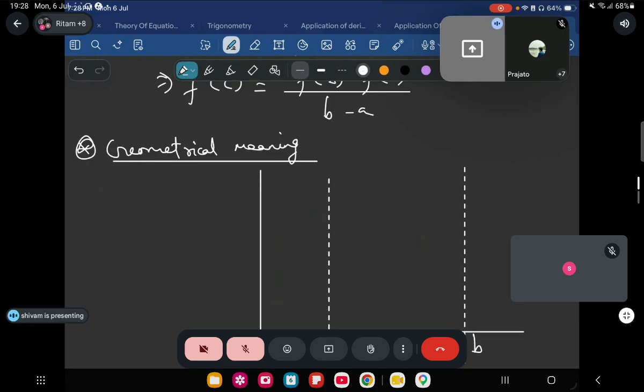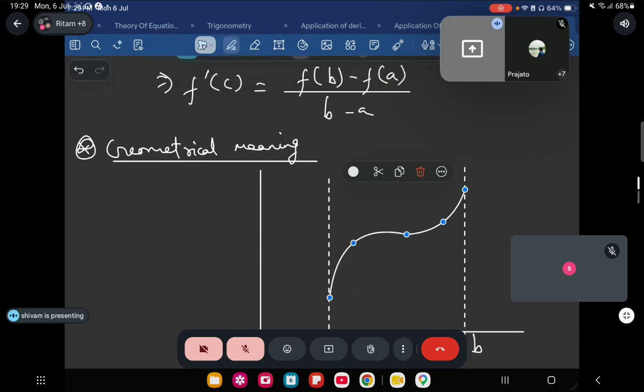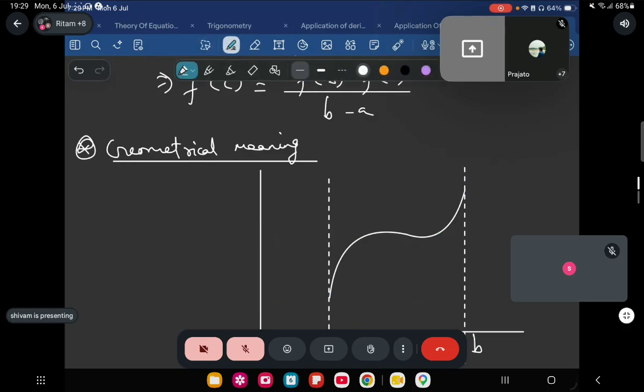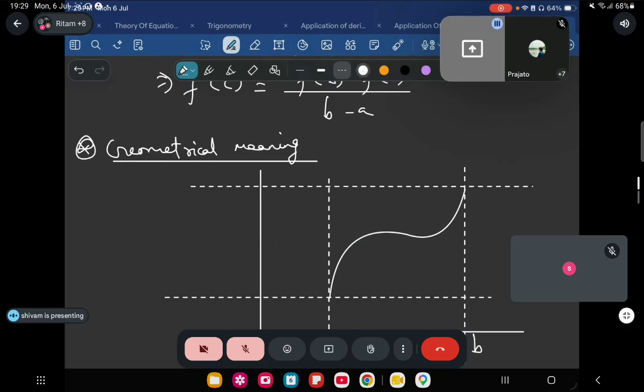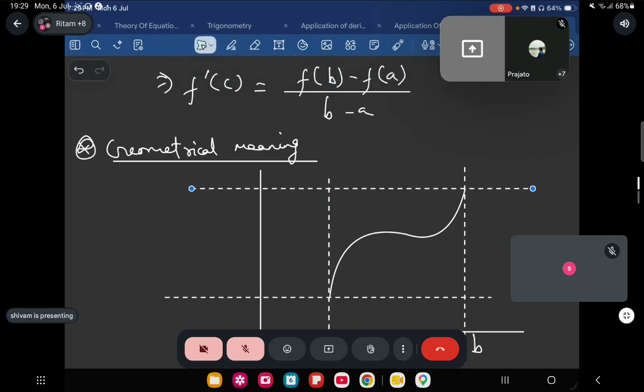I'm going to draw a graph. See, over here, f of A is not equal to f of B. This is what f of A is. This is what f of B is. So this is f of A comma f of A.